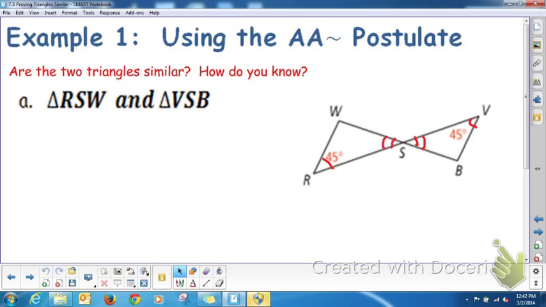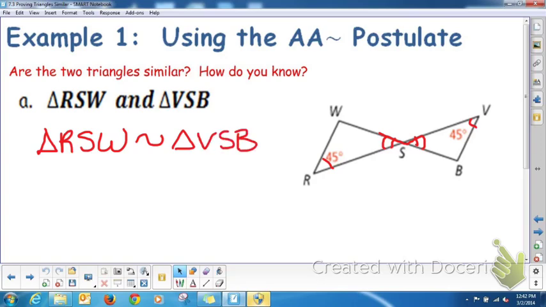Remember what those are called? Begins with the letter V. Those are vertical angles. Therefore, you know that triangle RSW is similar to triangle VSB. How do you know? Angle-angle similarity postulate.